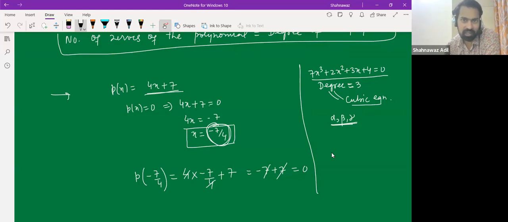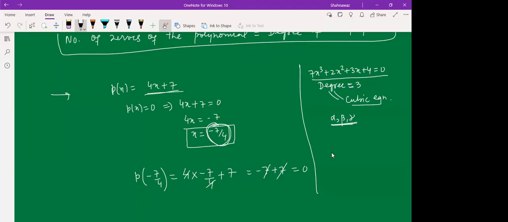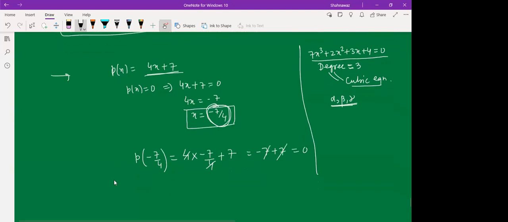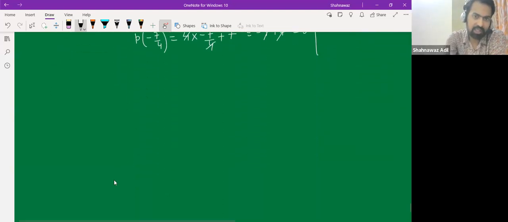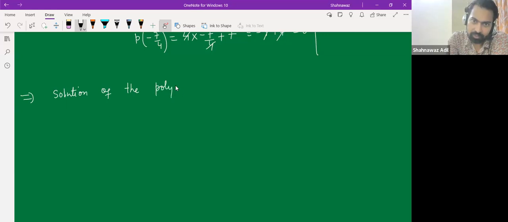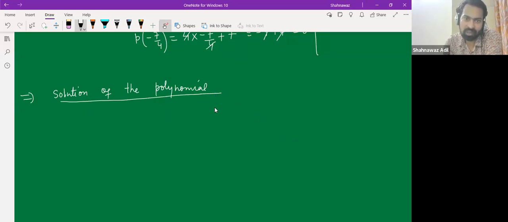So is this part clear to you guys? Yes, sir. Okay. So now we will talk about the solutions. How do we solve the polynomial? In this chapter, there are two methods: one is the graphical and the other one is the algebraic.